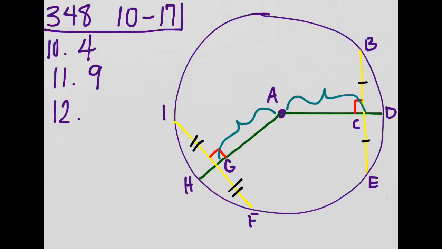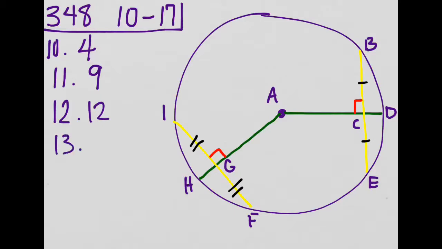If they're congruent, then we know almost everything about these sections is also going to be congruent. So we know that BE is equal to 12. This part is the same as this part. If this is 12 and they're both congruent, what is FI? It's also going to be 12.